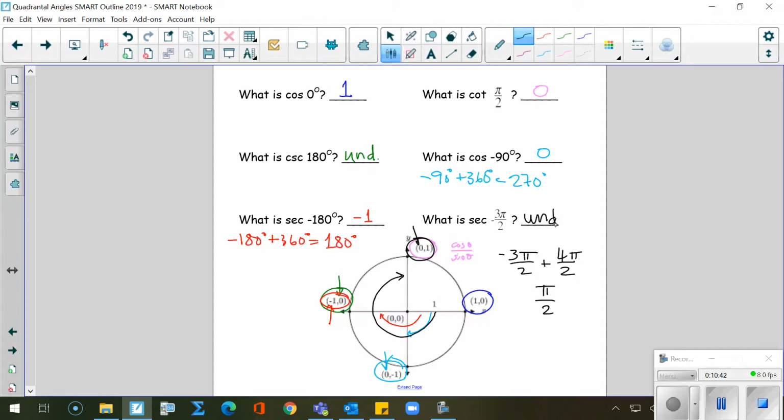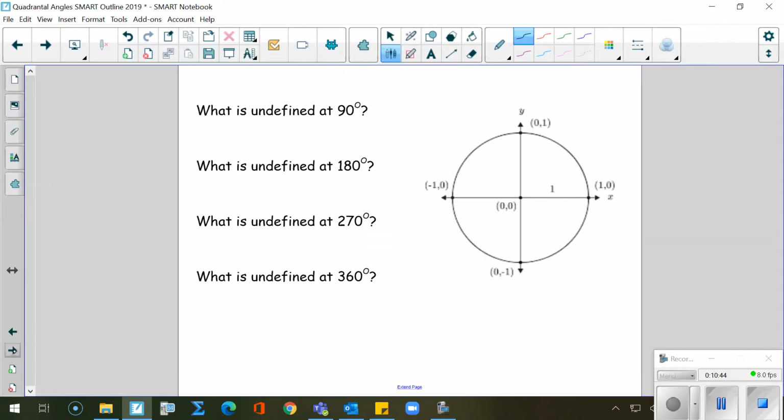The other type of question you might need is something like this. Just knowing what is undefined at different locations. At 90 degrees, anything that has a cosine in the denominator, because that's where the 0 is, a 0 in the denominator creates an undefined value.